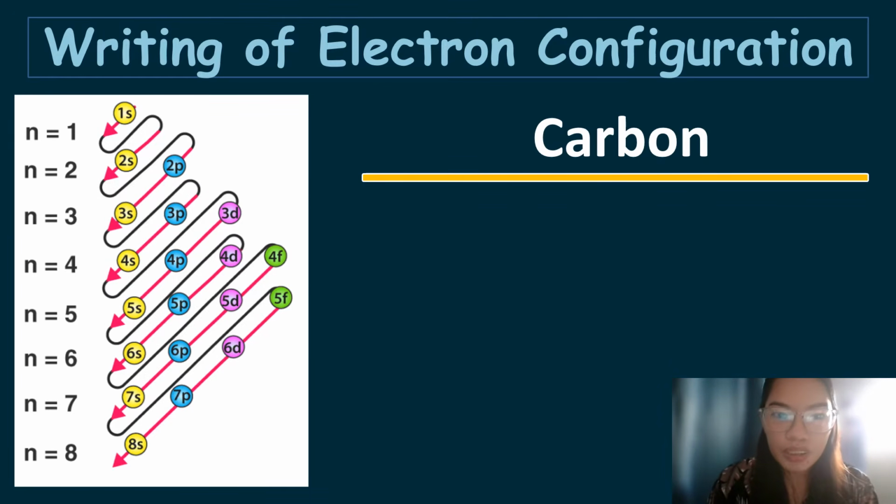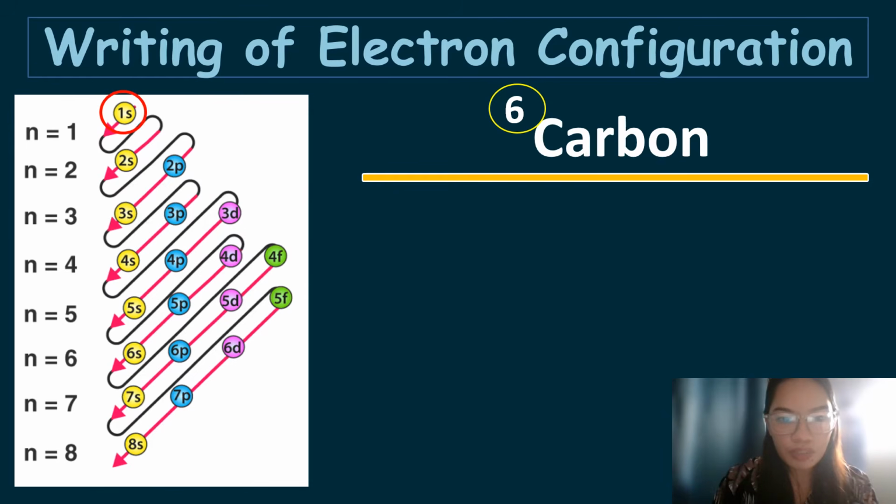Remember, the atomic number is equal to the number of protons and electrons. What is the atomic number of carbon? That is 6, and that is also the number of electrons that we are going to use in our electron configuration.